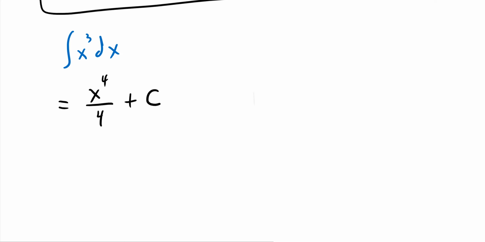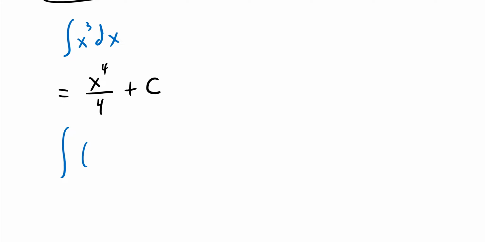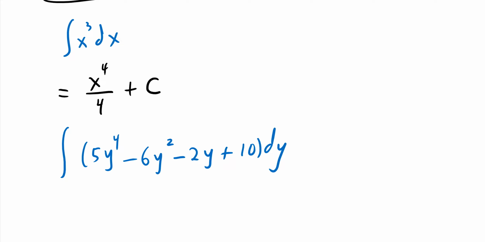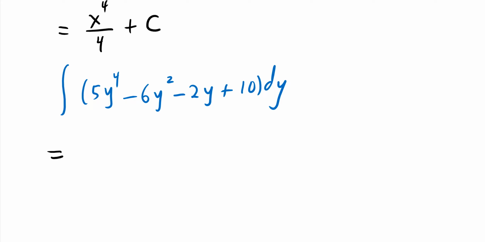Look at more examples. Let's say we're asked to integrate 5y to the 4th minus 6y squared minus 2y plus 10 dy. To integrate this, there are so many functions within one integral. So what we can do, we can split by the properties of integrals.